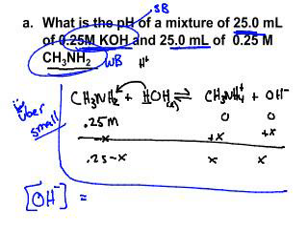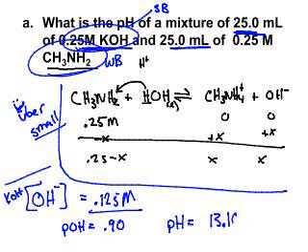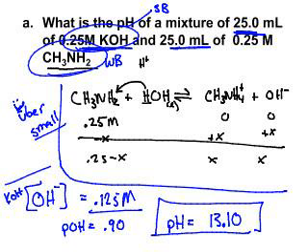So this is that division by 2. If you double the volume, the concentration is cut in half. So the hydroxide concentration from the potassium hydroxide is going to be 0.125. So therefore, the pOH would be equal to the negative log of 0.125, 0.90, and then the pH you subtract from 14. 13.10.